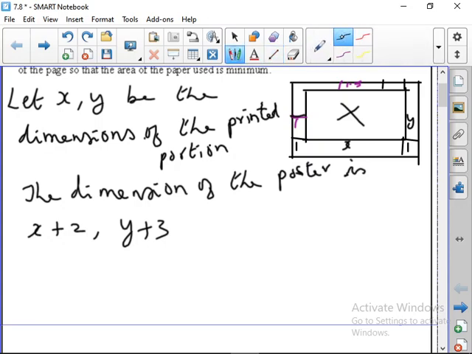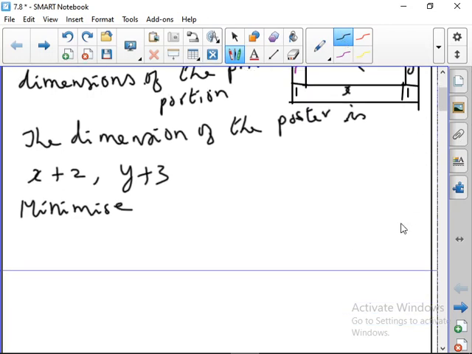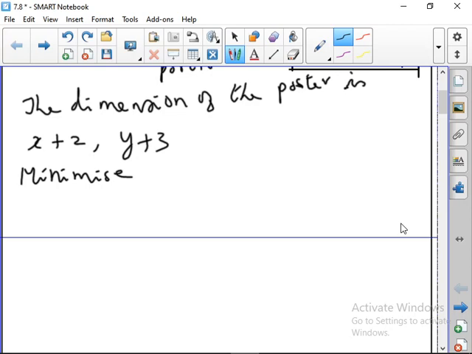Okay. So now what is asked to do? It is asked to minimize: what should be the dimension of the page so that the area of the paper used is minimum. So we have to minimize the area of the poster.